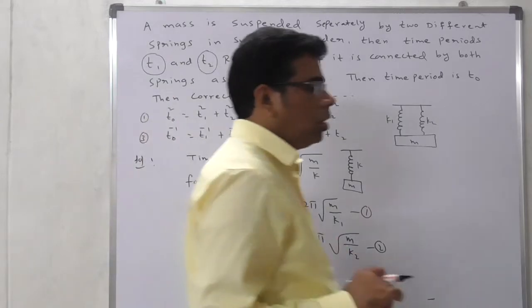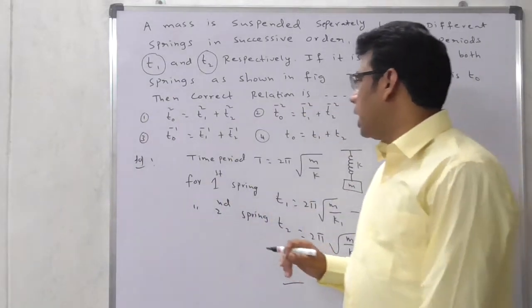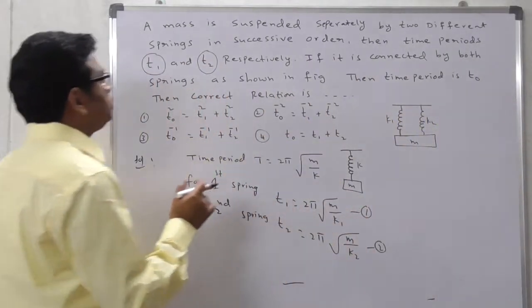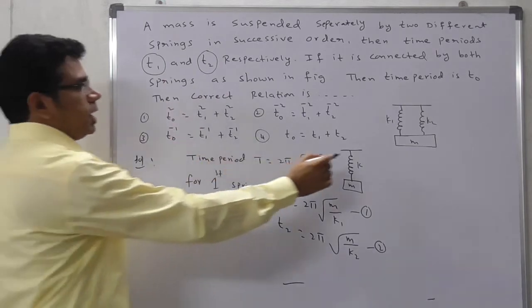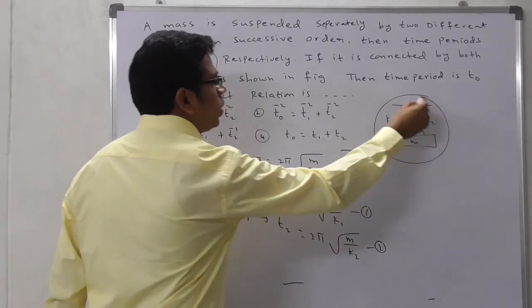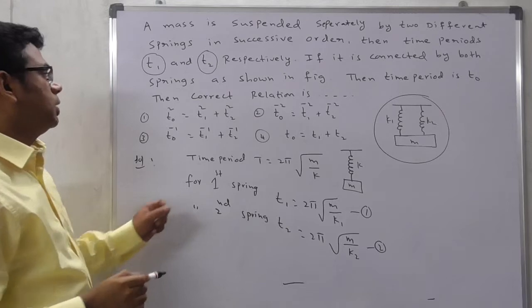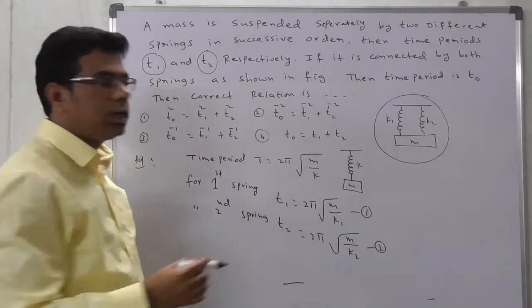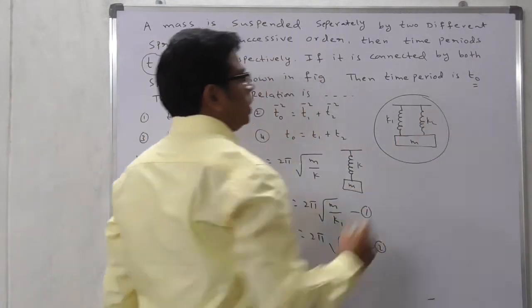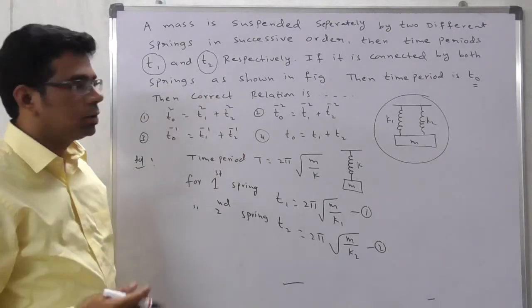Right? Now come to the diagram. So observe here, this is the diagram. Here the time period is given as T0.